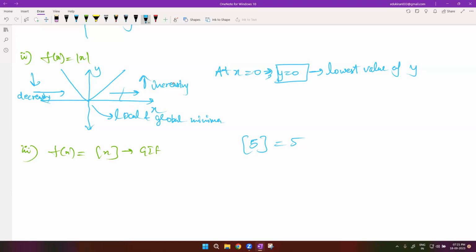Because the job of GIF is to return an integer, and if you're already giving me an integer, then it has nothing to do. The job is already done.